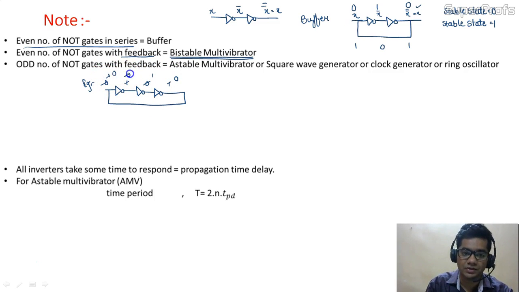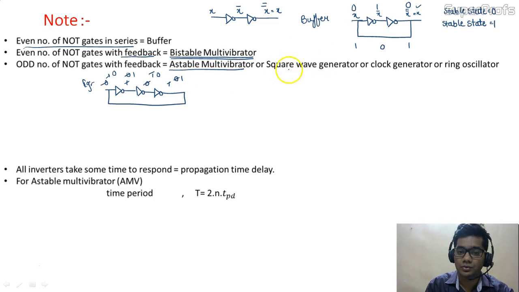So students, we can see that there is a change in the input as well as the output, from 0 to 1, 1 to 0. Therefore there is no stable state, so we can say it is an astable multivibrator.